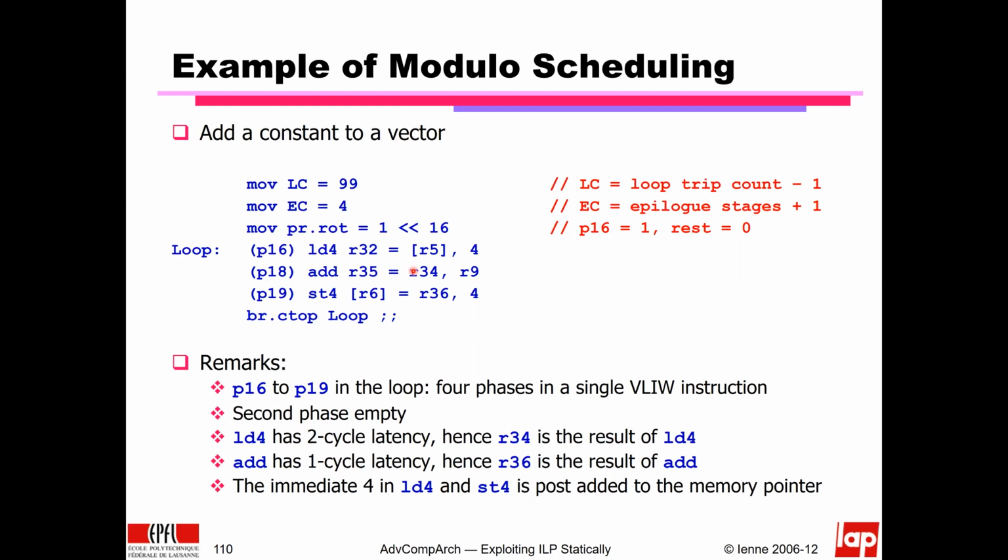Why all that? If you look at the code, this is actual real Itanium code, and the code is the usual thing, adding a constant to a vector. So it's always our example for the nth time, but look at what it is.